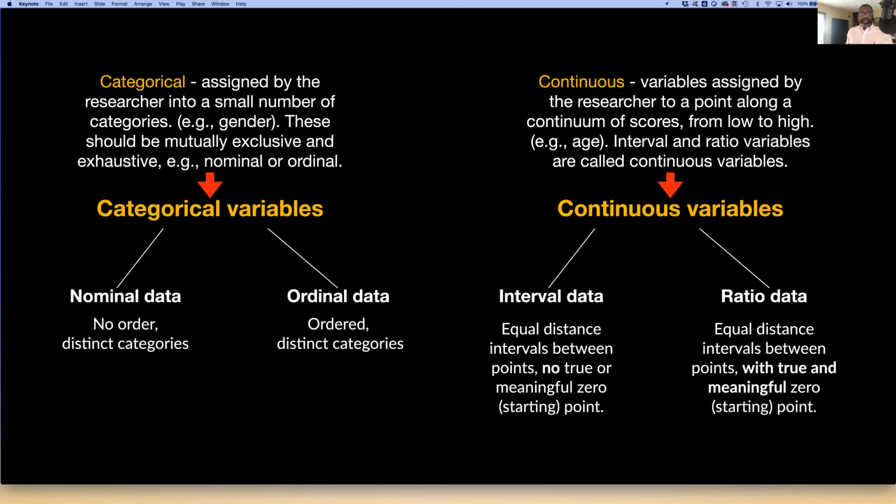IQ test is another great example. We created a 0 there, but if you get a 0 on the IQ test, that doesn't mean there's no intelligence. Or if you get a 0 on an exam, that doesn't mean you don't have any knowledge. It's just the arbitrary measure that we have there. However, with ratio, there is a true, meaningful 0.